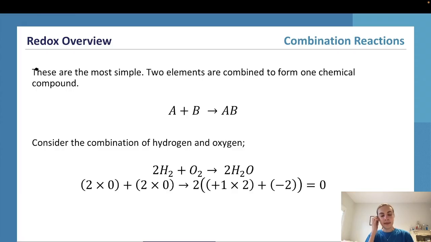So if we're to consider how we look at this in a redox context, we could say that we know that each hydrogen atom is going to have a charge of 0 because it's H2, it's solely made up of hydrogen, and so hence each hydrogen atom is going to have a charge of 0.